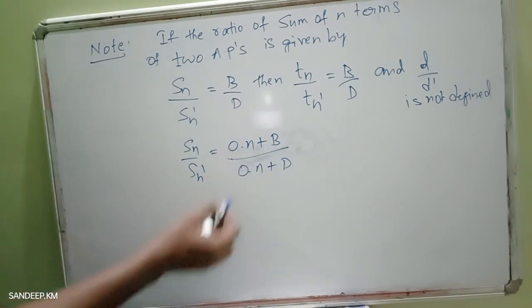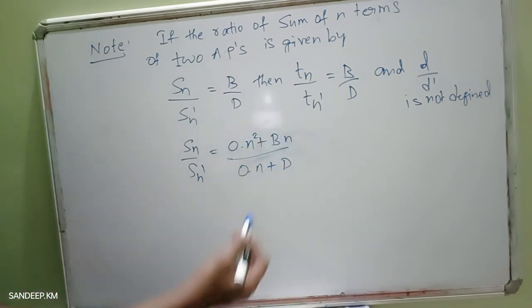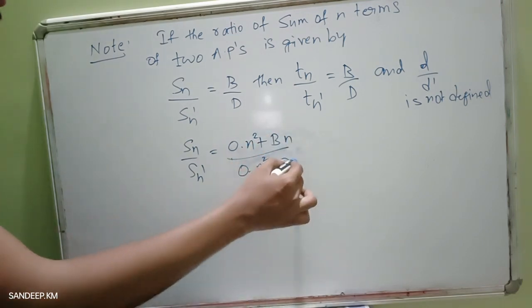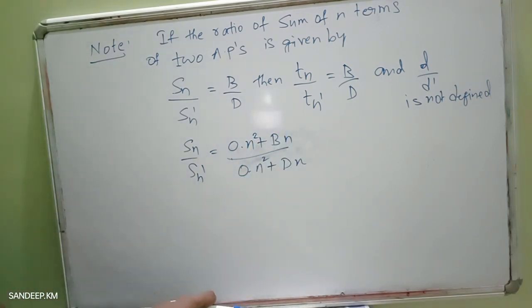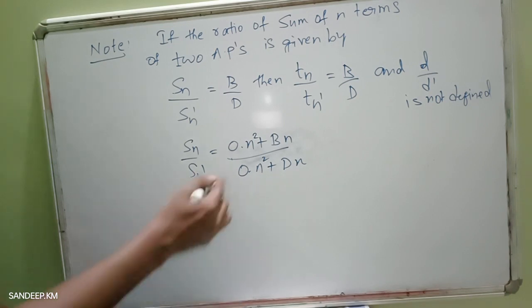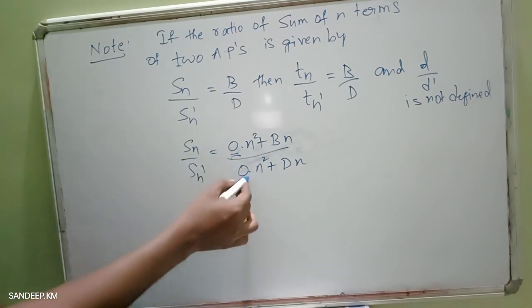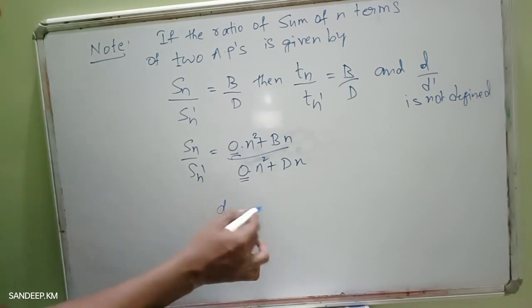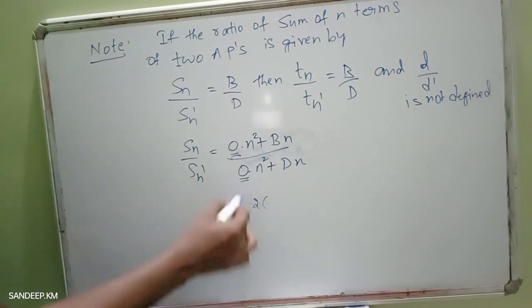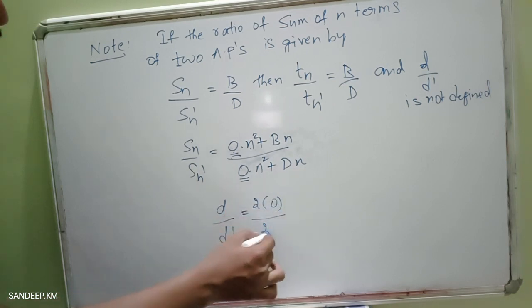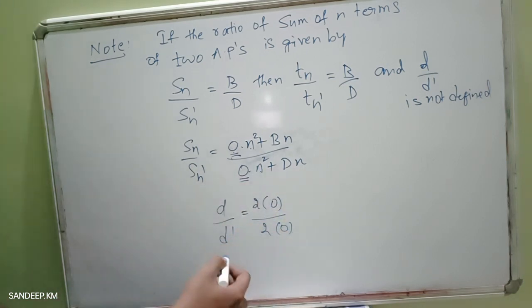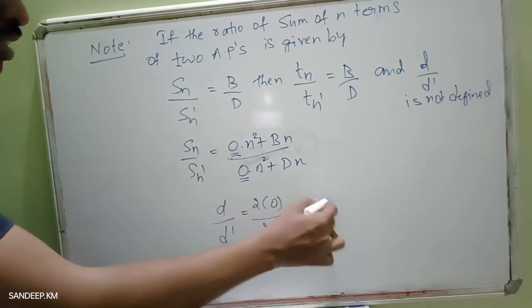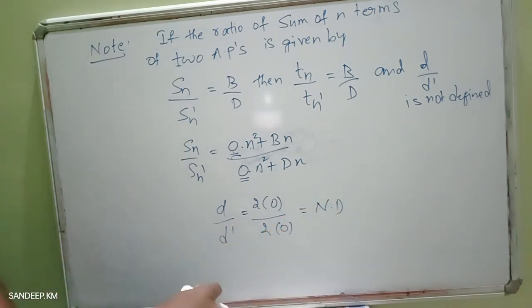Correct? Or 0 into n square plus bn and 0 into n square plus dn actually. So the coefficient of n square is 0, the coefficient of n square here also is 0. So d by d dash is equal to what? 2 times the coefficient of n square by 2 times the coefficient of n square, which is 0 by 0, that is not defined. Okay, now the ratio of common differences is not defined.